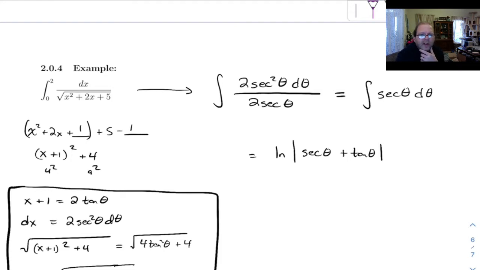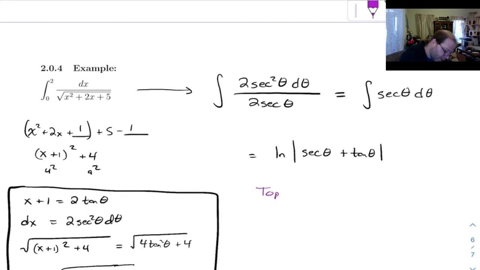So let's go back and take care of those now. Now there are two different things we could do. We could either put it back in terms of x, and then use the original endpoints over here, the 2 and the 0. Or we could translate the endpoints. Normally I'm a fan of translating the endpoints. So let's start that and at least see what happens.